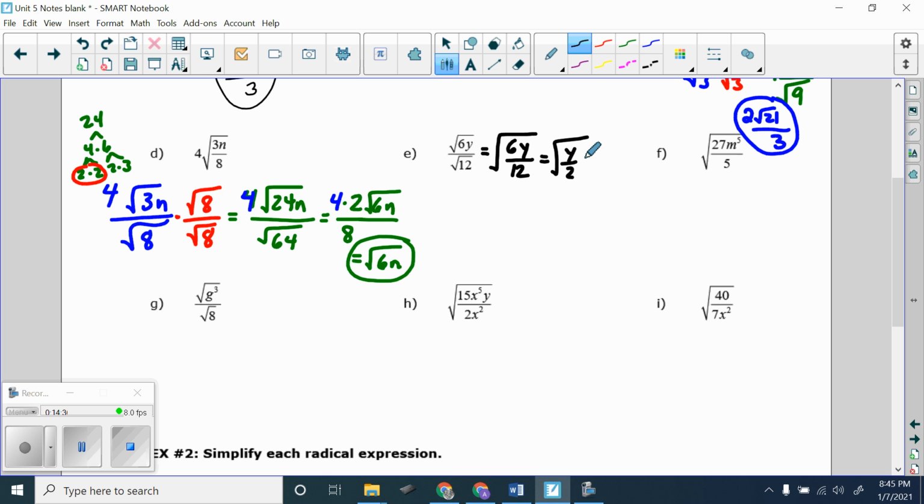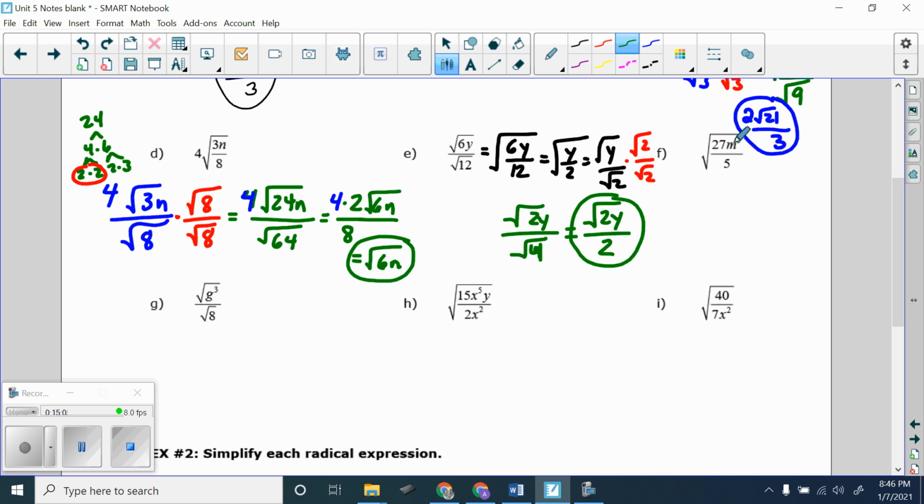And now when I separate them and I multiply by the denominator over itself, to rationalize the denominator, my final answer comes out to be the square root of 2y on the top. The bottom is the square root of 4. But this 4 is a perfect square, so I end up with 2y over 2.